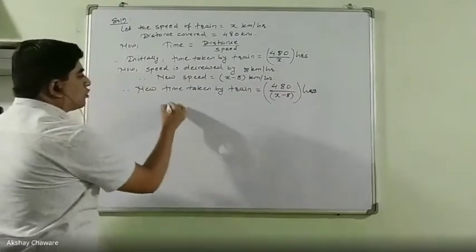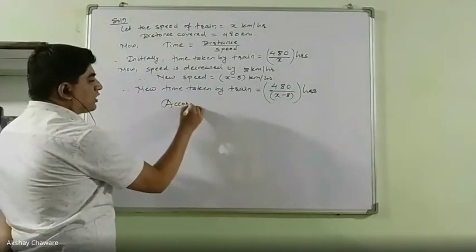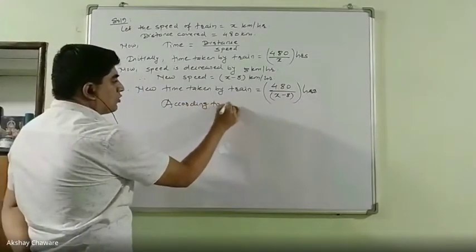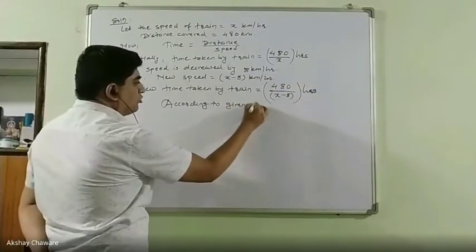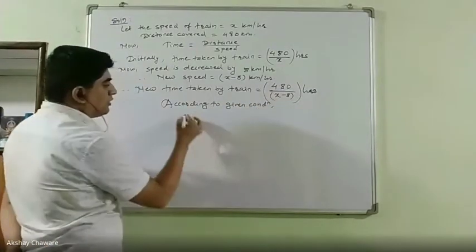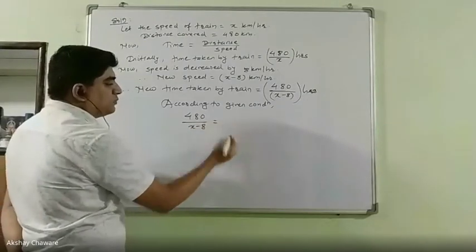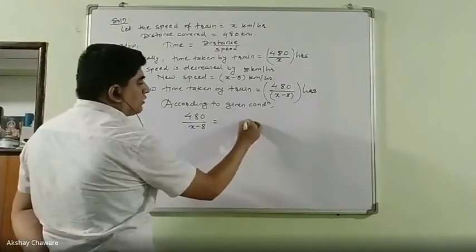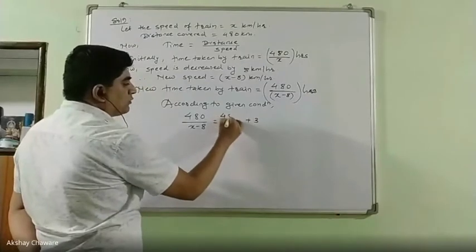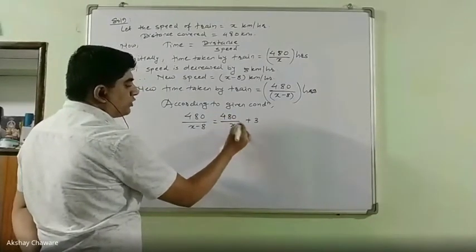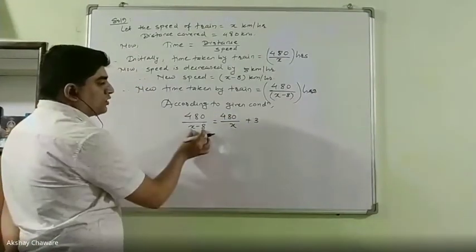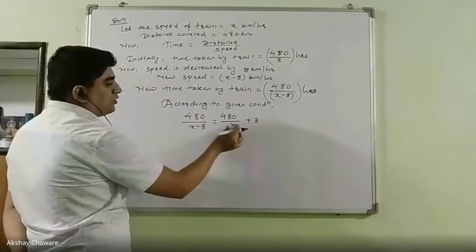And that's why according to the given condition we will write: this time, 480 upon x minus 8, is equal to 3 hours more than the original time, means plus 3 than 480 upon x. So the new time is 3 hours more than the original time.